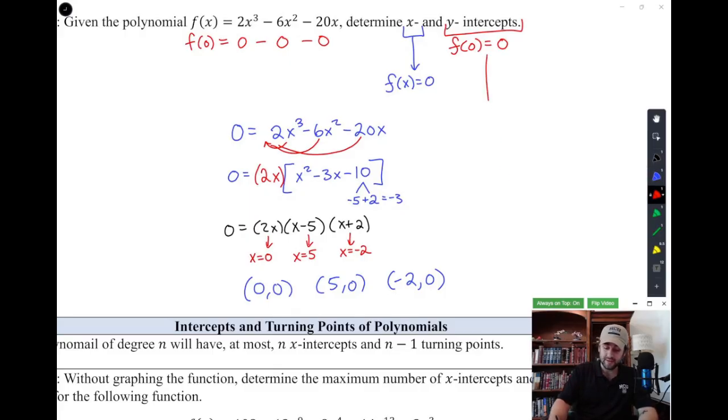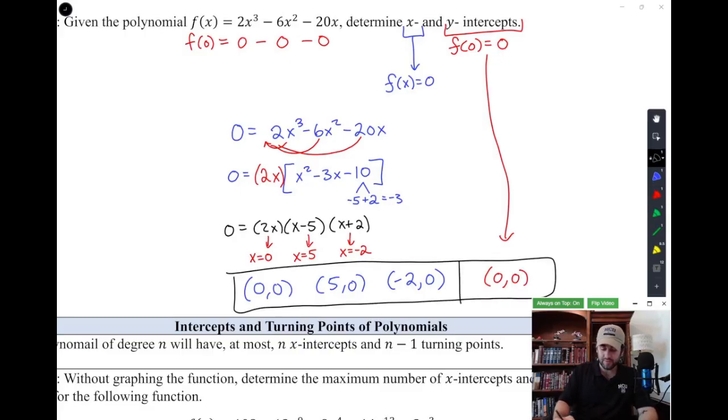And they asked us for the y-intercept up here, so we'll bring that down, and we'll say (0, 0) is our y-intercept. And we have the 2 things they asked for. Y-intercepts in red, and x-intercepts in blue. And you'll notice 2 of those are the same. That means it crosses the x-axis and the y-axis at the same point, which is pretty interesting.